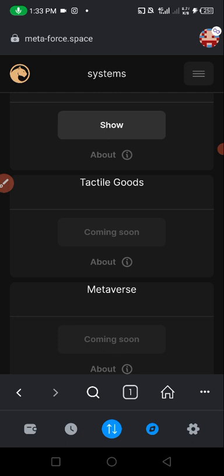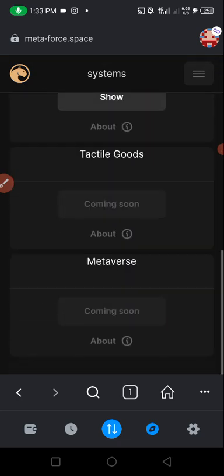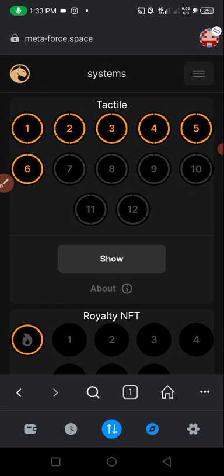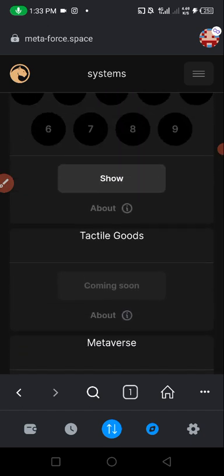So with this tactile goods, a lot of people are going to get rich, wealthy. There's a lot of money coming with tactile goods. So you shouldn't play with any metaverse opportunity. Tactile and tactile goods are connected together. So the more TRO token you get, the more discount you get on tactile goods.